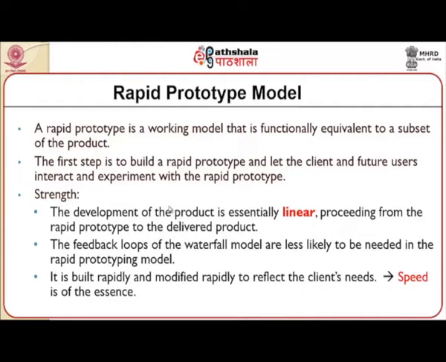The feedback loops of the waterfall model are less likely to be needed in the rapid prototyping model. It is built rapidly and modified rapidly to reflect the client's need. So which means speed is the essence here. Rapid, as I mentioned earlier, is the speed of delivery. So within less time I am trying to produce the product with utmost quality.